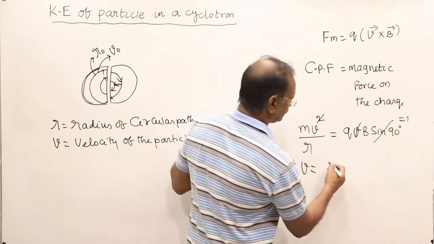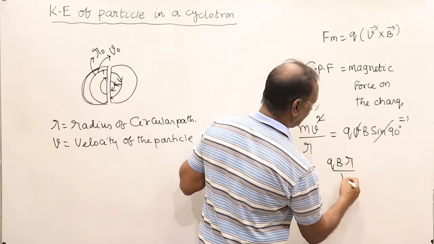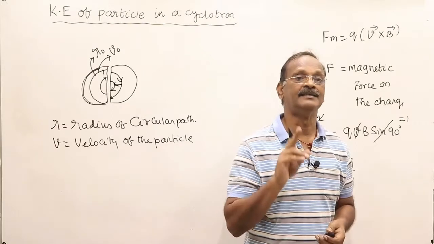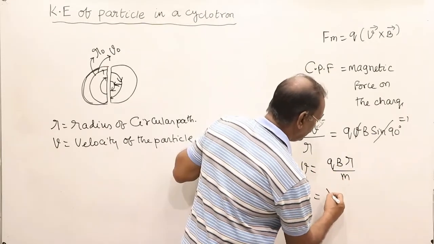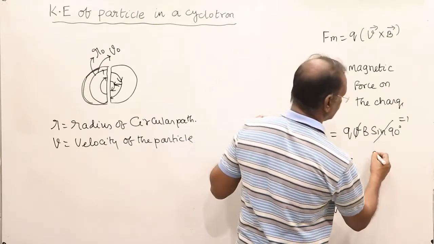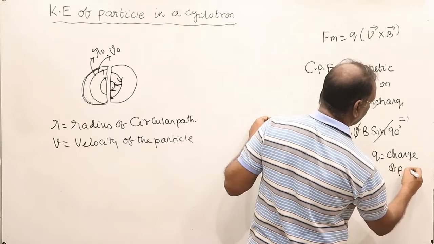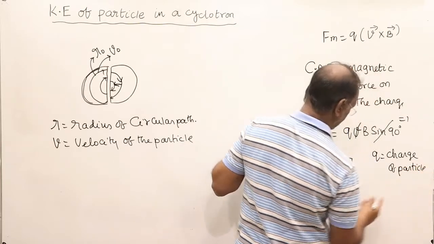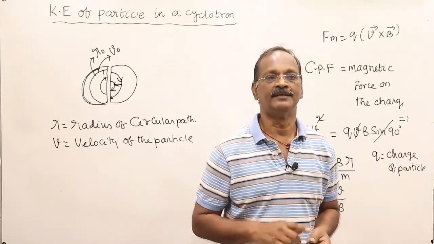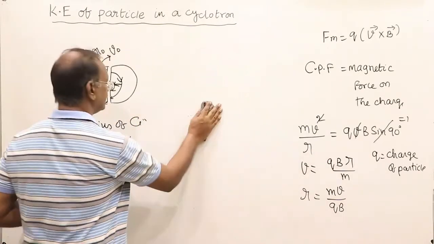Velocity is equal to Q into B into R divided by M, and radius is equal to m v by q B, where q is the charge of the particle undergoing circular path, and B is the applied magnetic field which is at right angle to the particle entering the magnetic field. So velocity is this much and radius is this much.